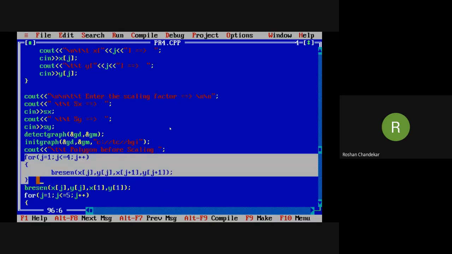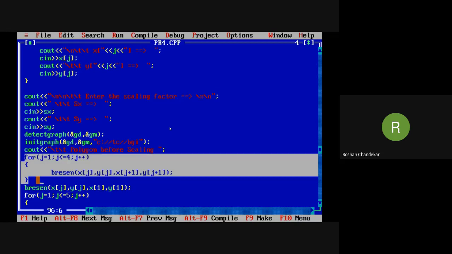For simplicity, we take j is equal to 1 and j is less than or equal to 4. As I told you, the number of edges in our polygon is 5, and now we are taking j up to 4. Why is it so? Because the polygon is a closed surface.